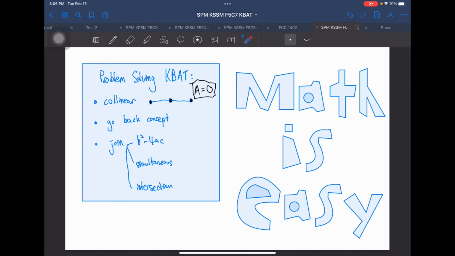You might also use simultaneous equations in intersection point questions, and it is important to know what is meant by intersection.